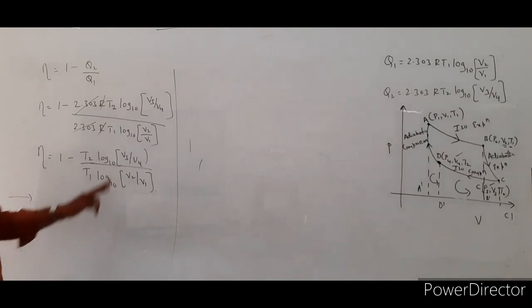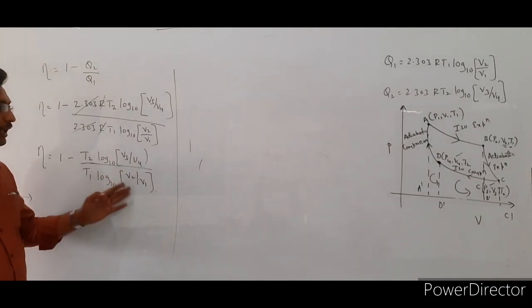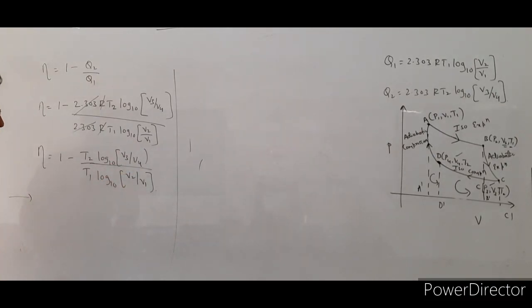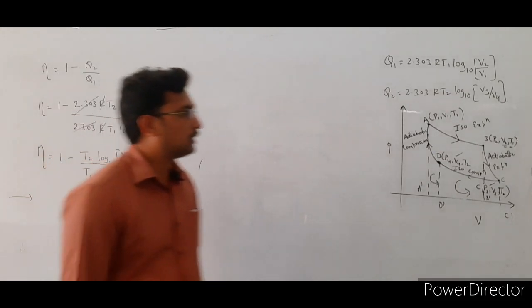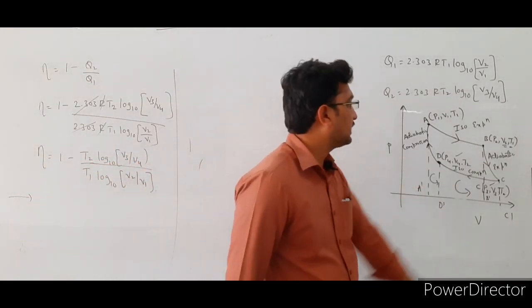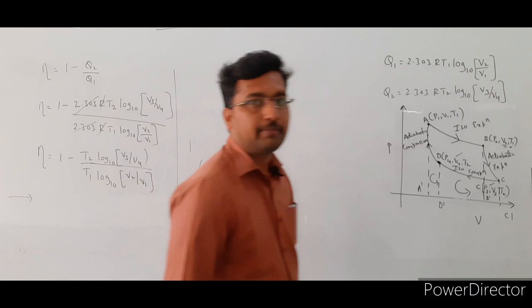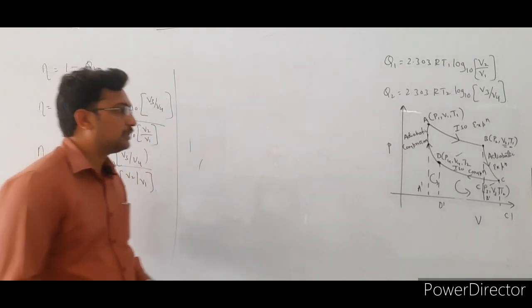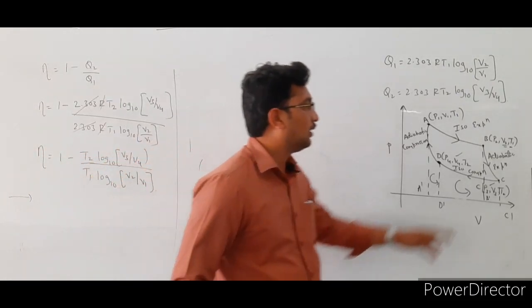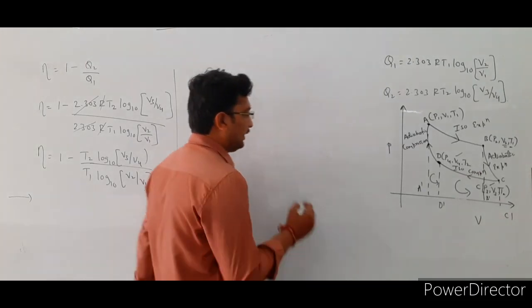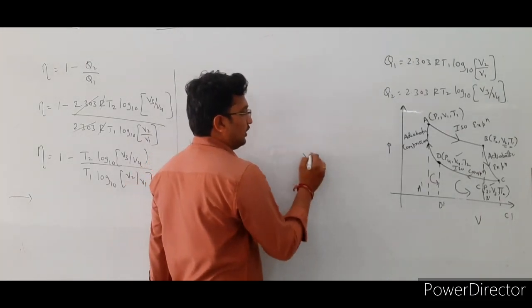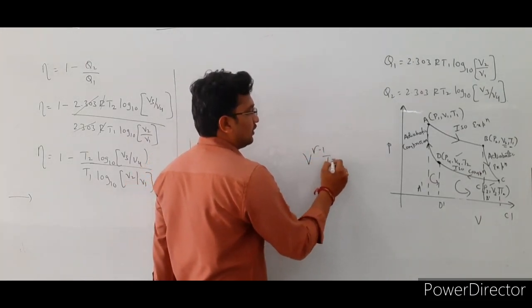The next one, we are going to find the V3 by V4 value and the V2 by V1 value. Okay, so for this we are going to consider the curves of adiabatic expansion and adiabatic compression, right? Already we know the general relation between the volume and the temperature in an adiabatic process, that is V to the power gamma minus 1 times T is equal to constant.